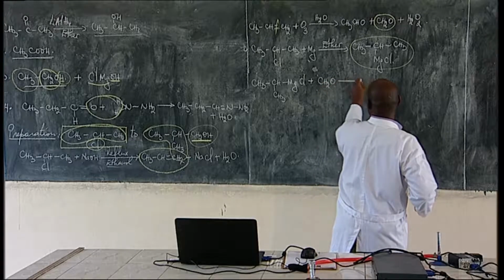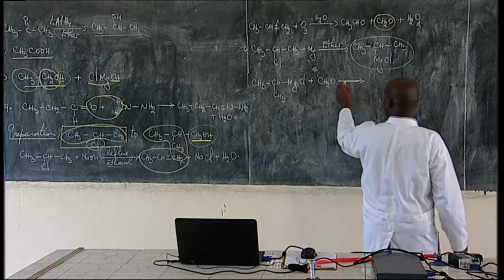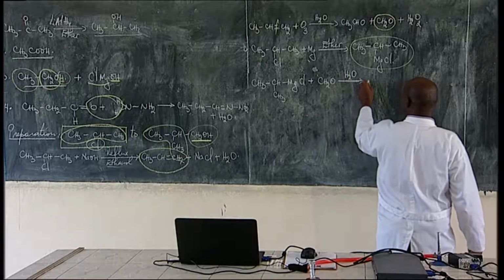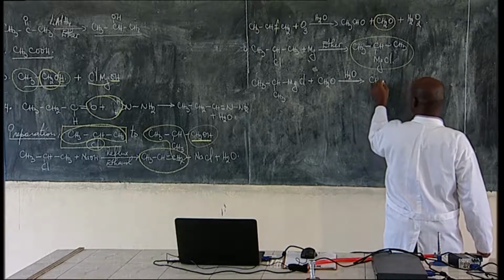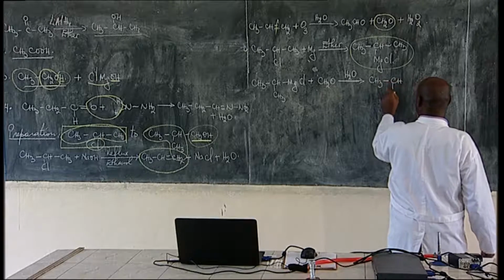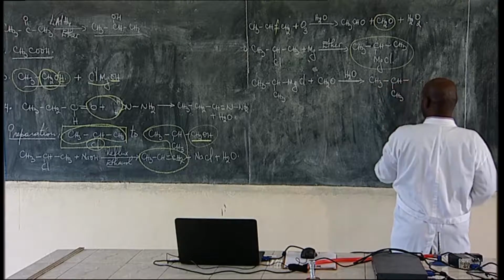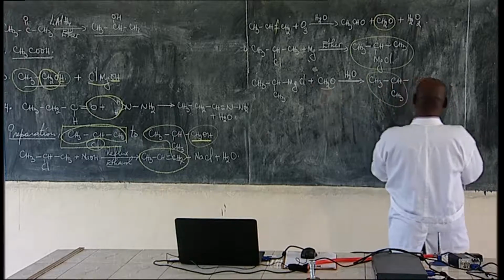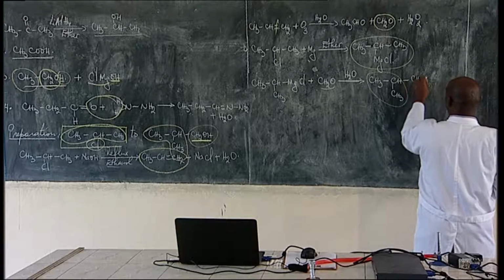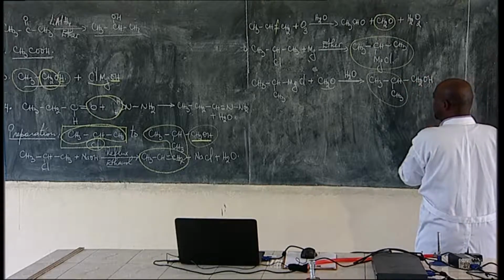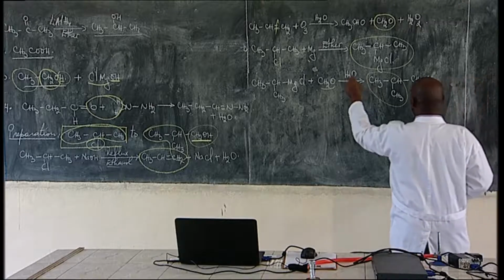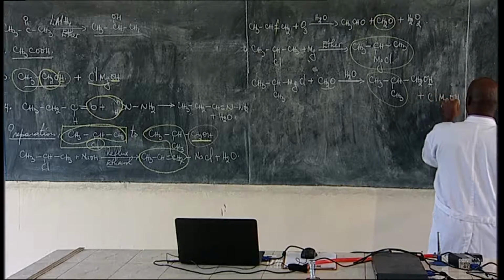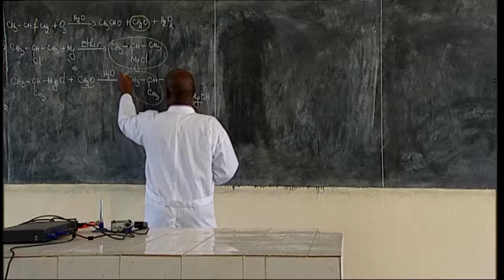If we carry this out in the presence of water, we can immediately get CH3CH(CH3), which is the part from the Grignard reagent, and we add the aldehyde to get CH2OH. And remember, we have said that this hydrogen comes from water, and because of that, we produce ClMgOH. Now we have our alcohol.